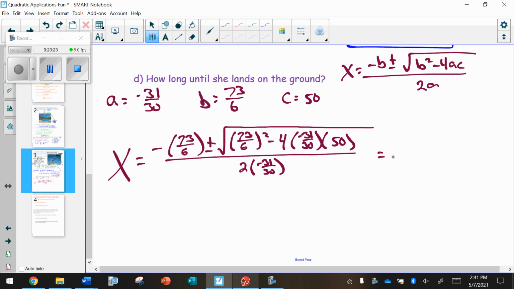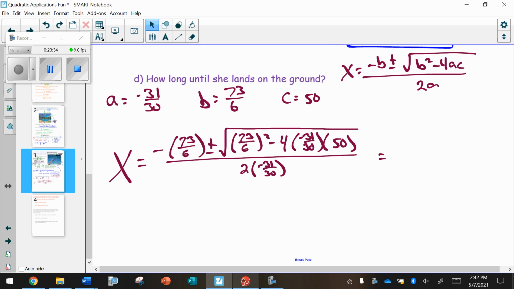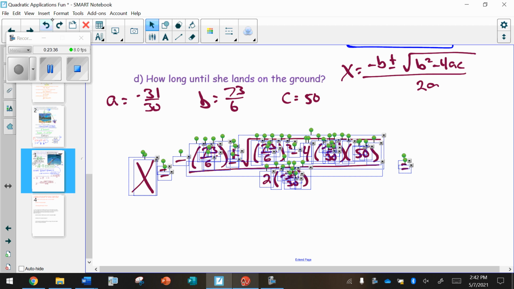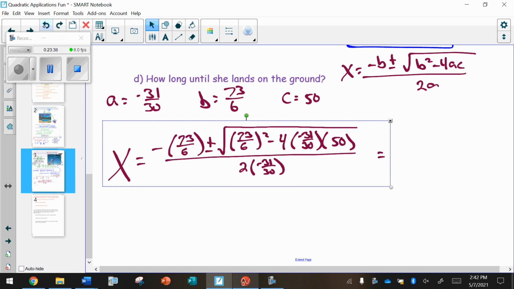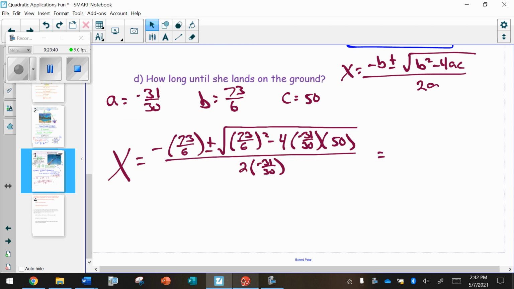Now remember, when we're doing the quadratic formula, what you should do first is just calculate the discriminant. Just so we're clear, the discriminant is the part that's underneath the radical without the square root symbol.